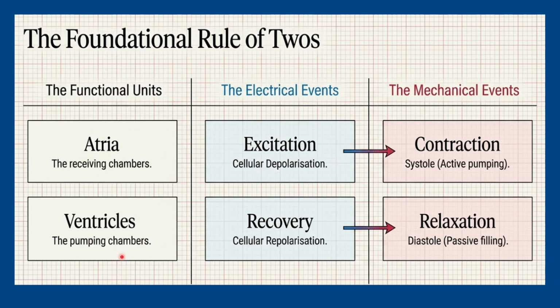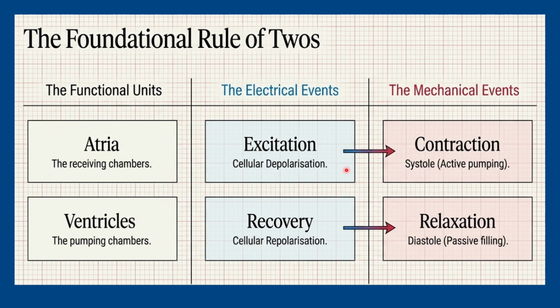But before such contractions or pumping of the ventricles, there are electrical events as well. Like we have two functional units, atria and ventricles, we also have two electrical events, which are excitation and recovery, or in other scientific words, cellular depolarization and cellular repolarization.